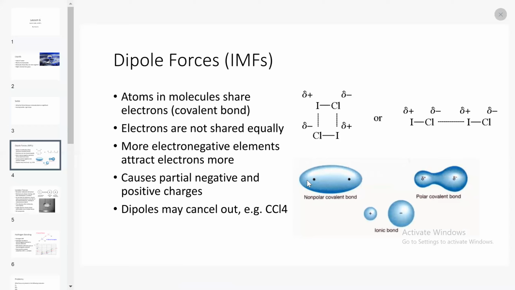A bar magnet has a north side and a south side, right? So we have a positive side and a negative side. So just like the north side of a magnet will attract the south side of another magnet, the positive charge on one end of the molecule will attract a negative charge on the other end of the molecule, right?